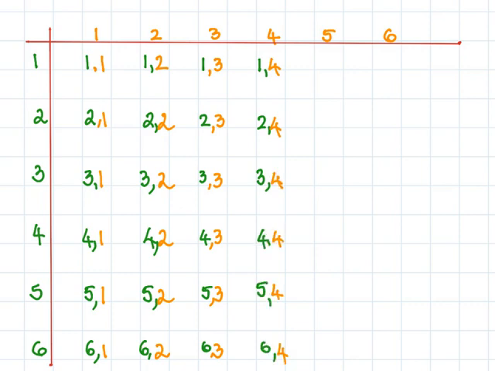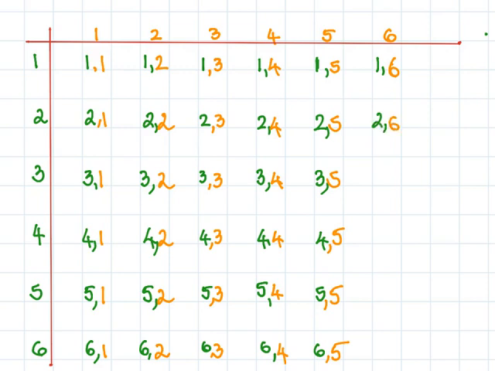This will be the fourth column. Then for the fifth column we will have 1, 5, 2, 5, then 3, 5. And for the last column it would be 1, 6, 2, 6, 3, 6.